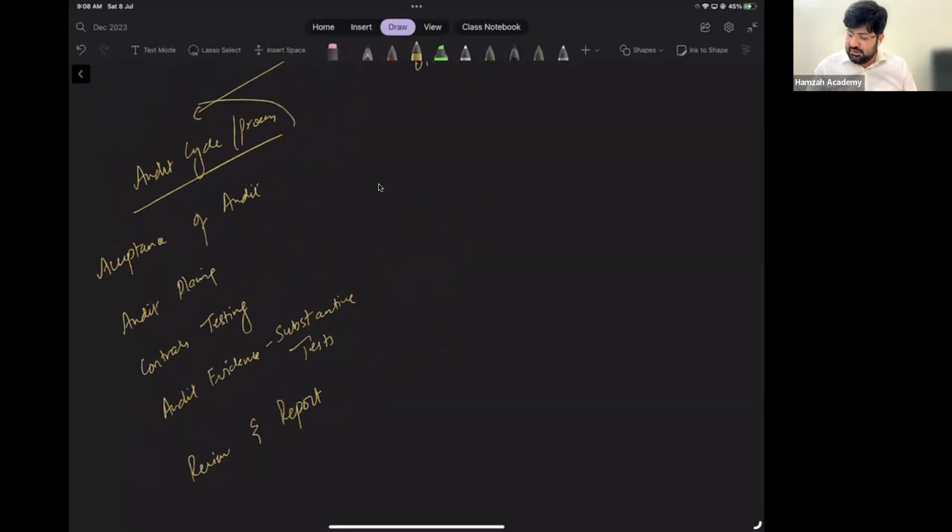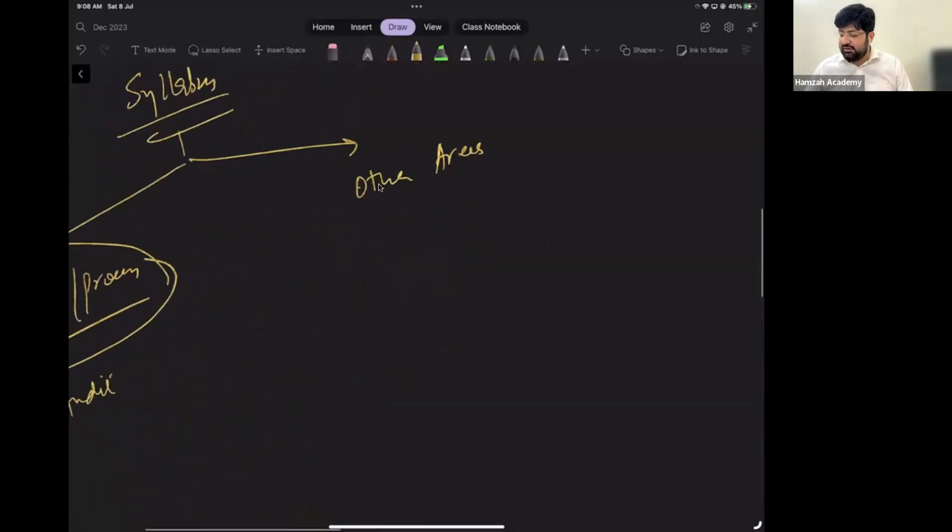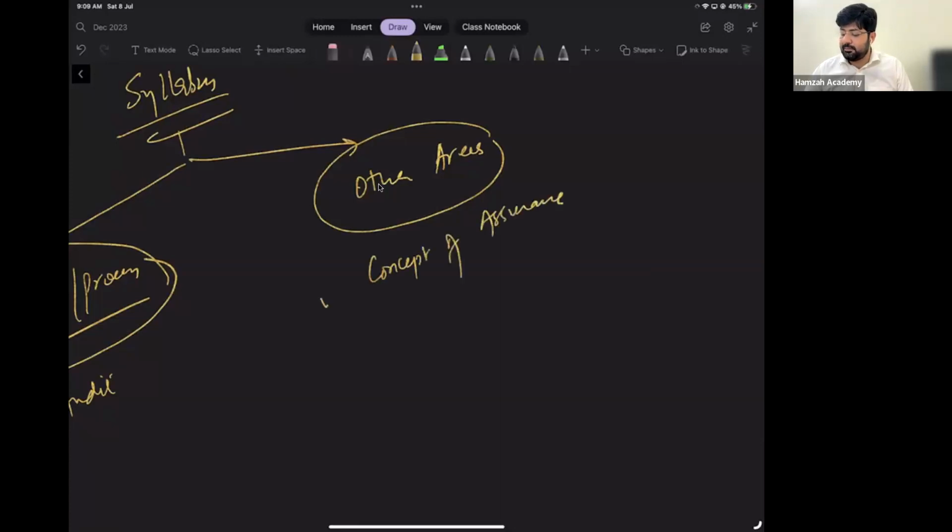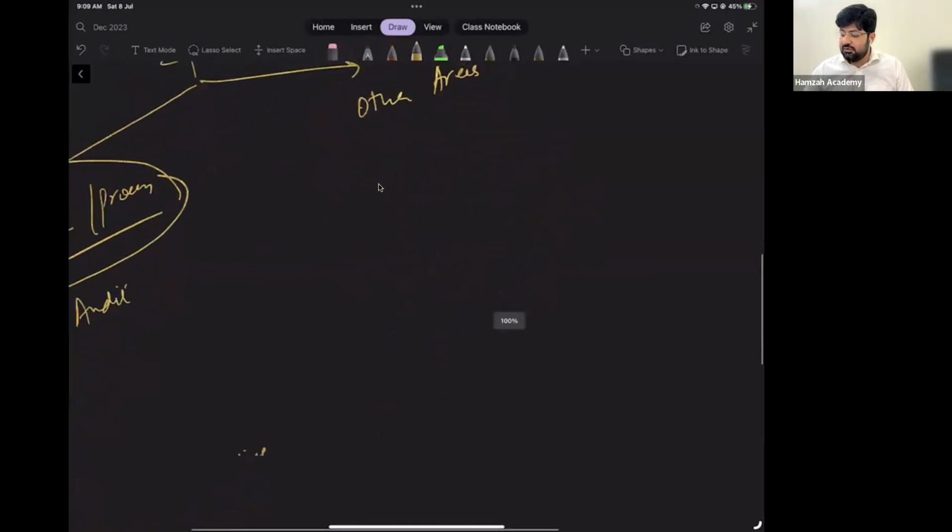And then there are other areas. Other areas include the concept of assurance, then corporate governance, then internal audit, right?